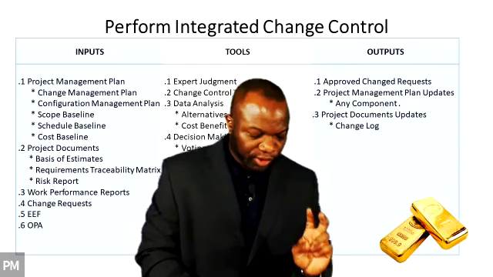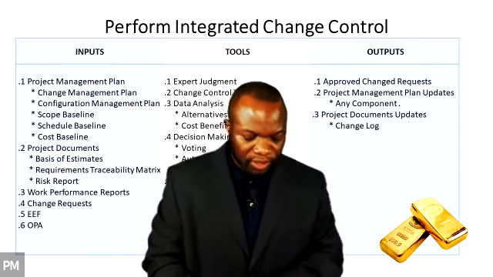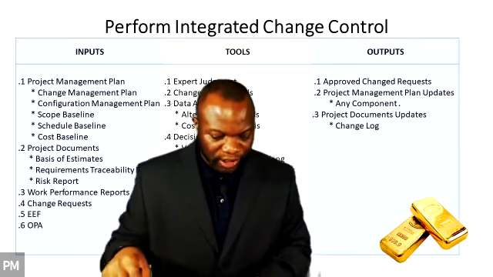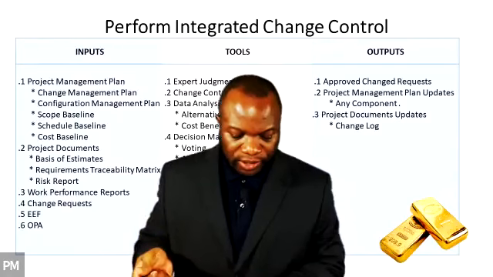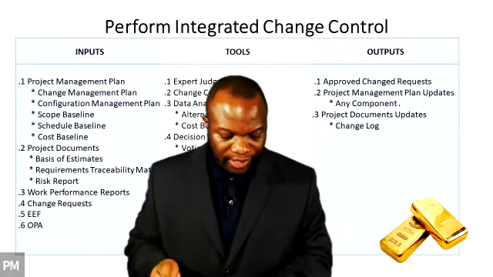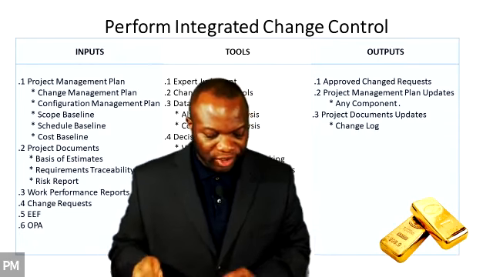So you've got those three. The tools should support configuration management, and the tools should support change management. And the change management activities are identify changes, document the changes, decide on the changes, track the changes.